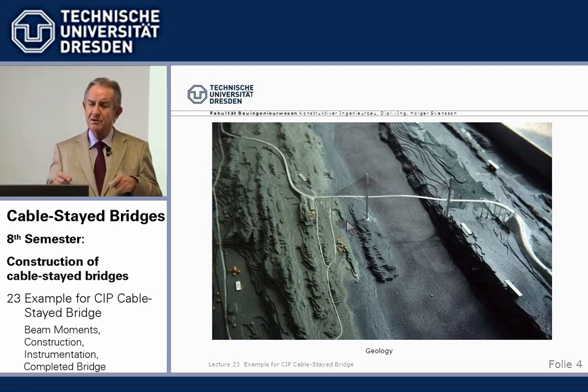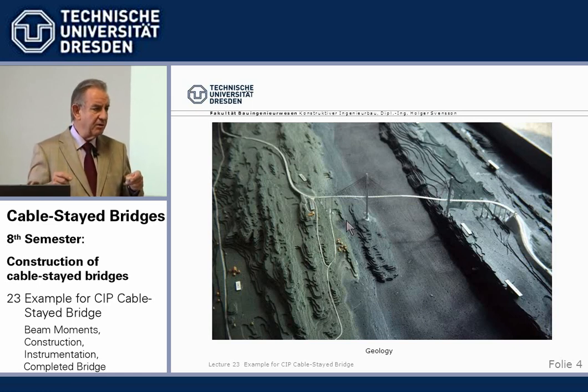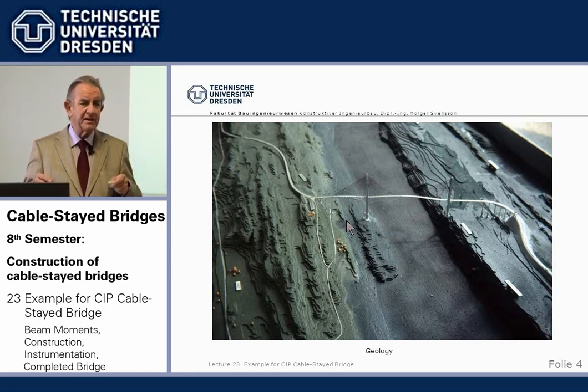polar circle does not mean that it is there extremely cold. The Gulf Stream, which heats all Europe, is there also active, and the low temperatures are not significantly lower than they are here.